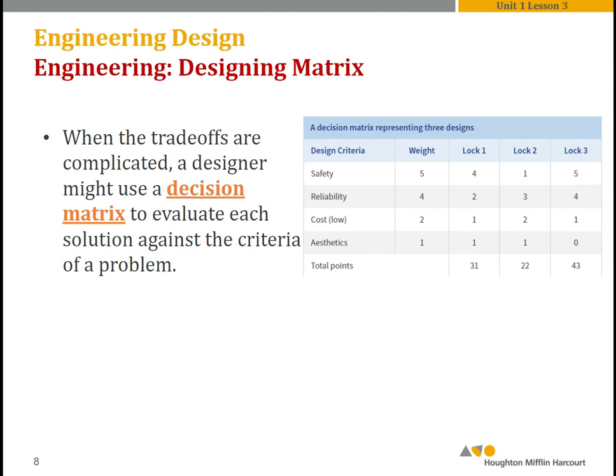On a design matrix, you list your design criteria down the first column, and then you list your possible designs along the first row. So those are your headings.